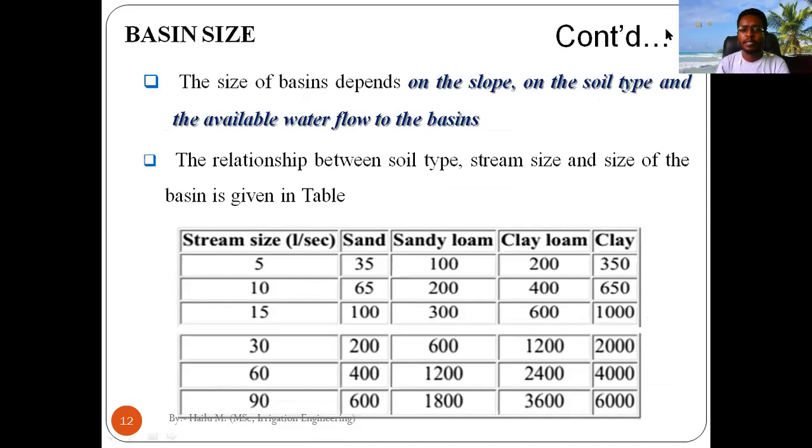The other is basin size. The size of the basin depends on the slope, on the soil type, and the available water flow to the basin. The relationship between soil type, stream size, and size of the basin is given in the table below.